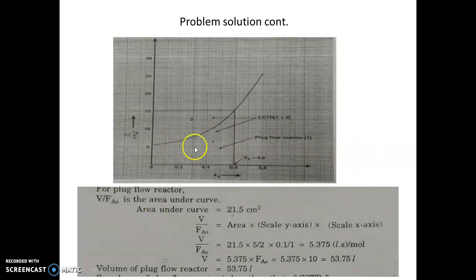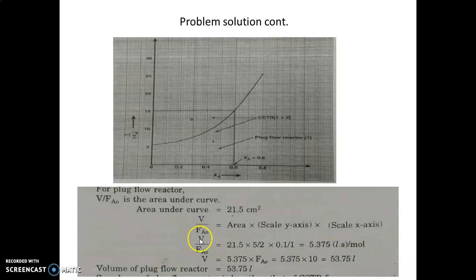If we measure the area under the curve, it is equal to 21.5 centimeter square, and again you have to multiply by the scale of the y-axis and x-axis.